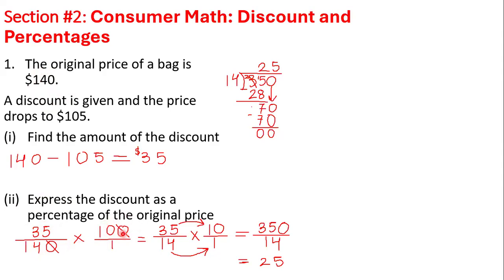We multiply by 100 because we're trying to convert this fraction into a percentage. We cancel out this 0 with that 0 and are left with 35 over 14 multiplied by 10 over 1. 35 times 10 gives us 350, and 14 times 1 is just 14. So 350 over 14. We divide that and we get 25, and so the answer is 25%.